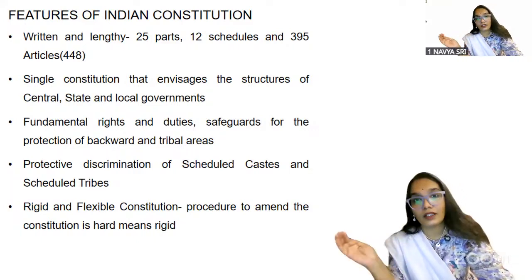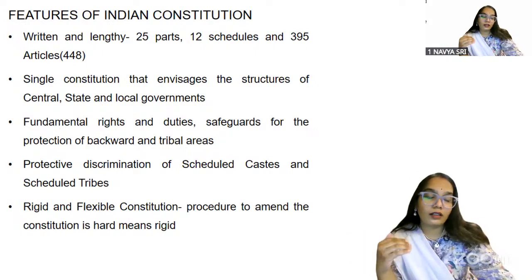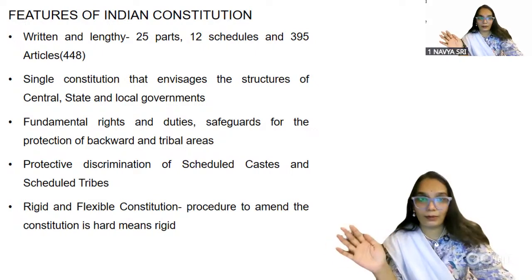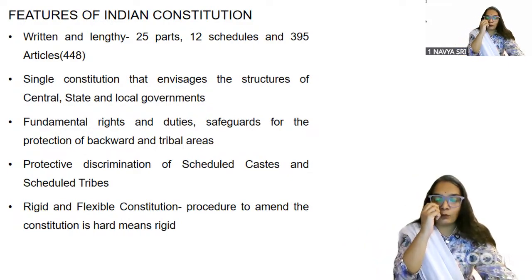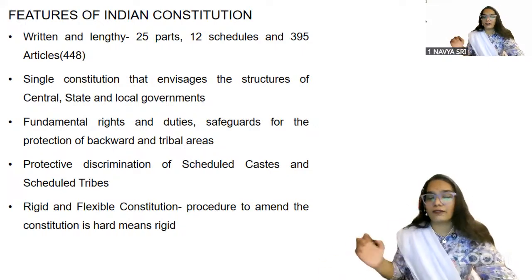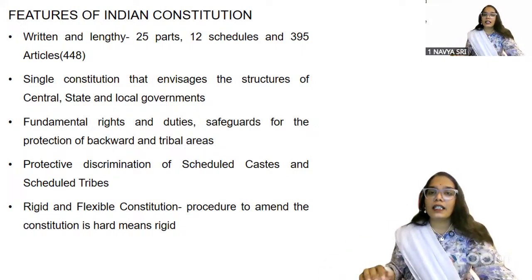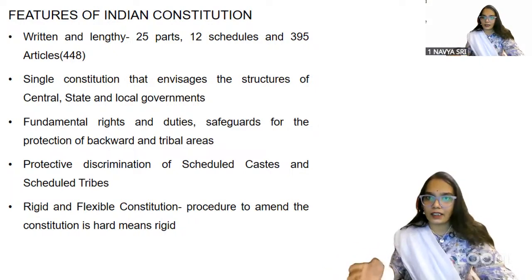Whereas the British Constitution is flexible as there is no proper documentation present. But there are also drawbacks to both rigid and flexible. That is why India has adopted both a flexible and a rigid constitution.